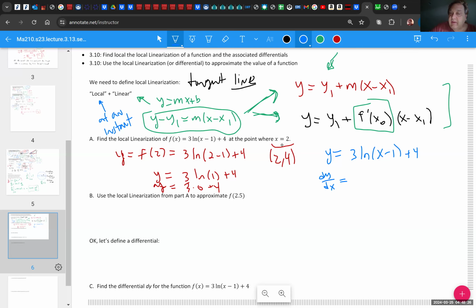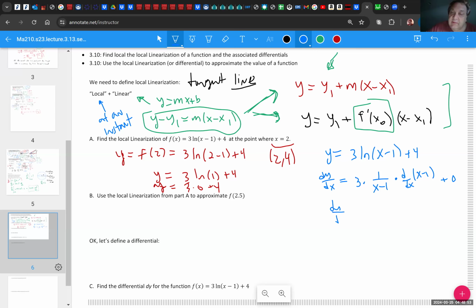So the derivative of ln of, well, the 3 doesn't do anything. The derivative of ln of stuff is 1 over stuff times the derivative of the stuff. That's our chain rule with the ln shortcut rule. Write the right symbols here, x minus 1. And then the derivative of plus 4, well, the derivative of any constant added on is 0. So that's what it is right there.